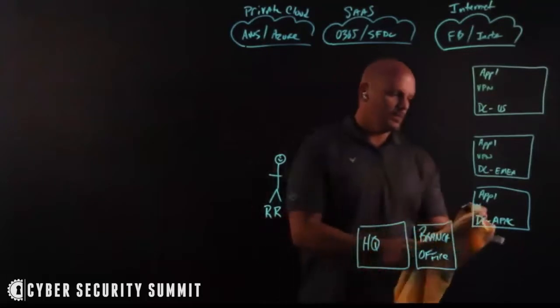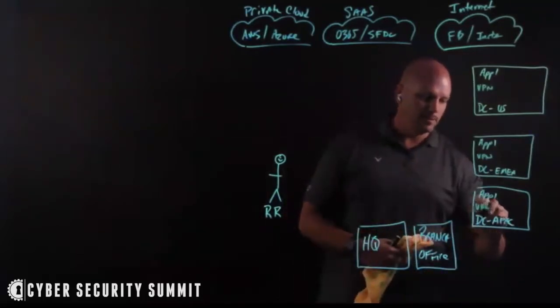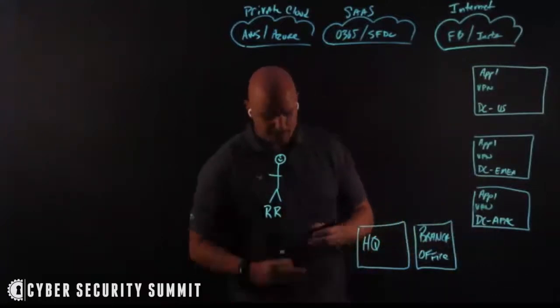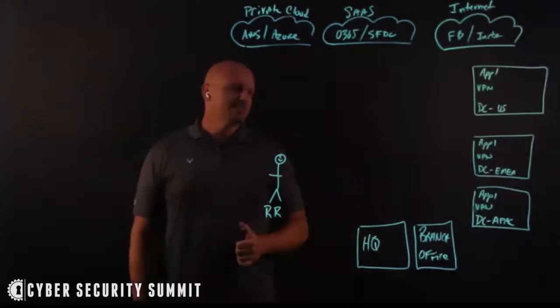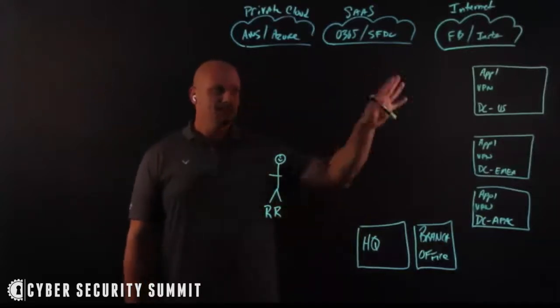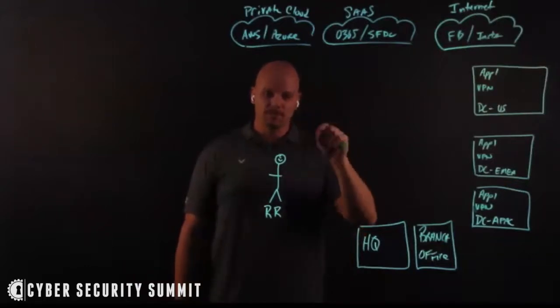So we got VPNs all across the board, your traditional stuff, it's all good. You got your VPN right here for all the different geos. Maybe you're lucky, right? Maybe you're doing IP anycast or using GTM to dynamically steer these users to it. Maybe they actually have to drop in a little box and say, hey, I want to go over to this data center, right?